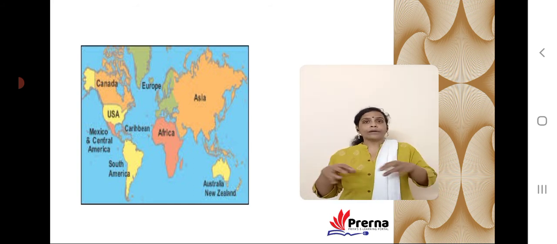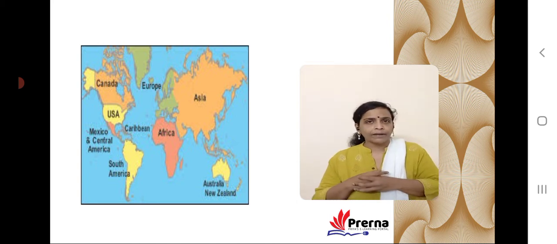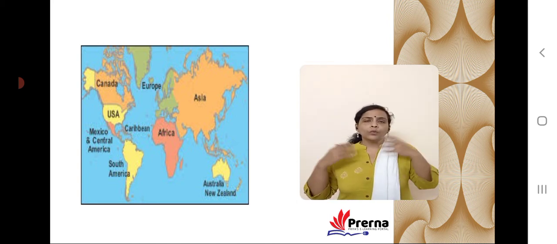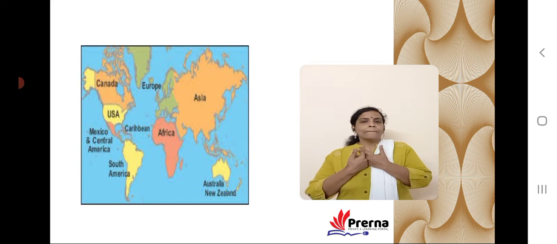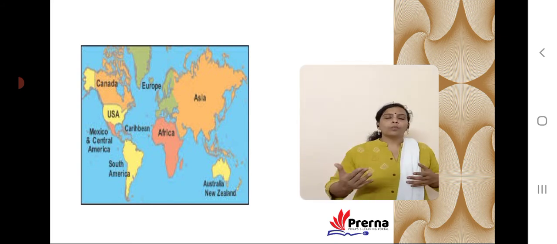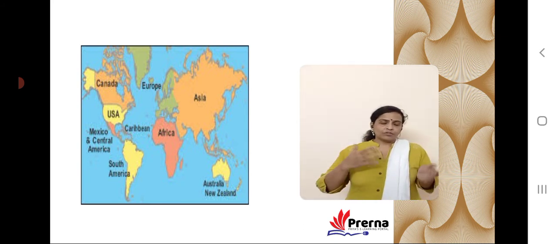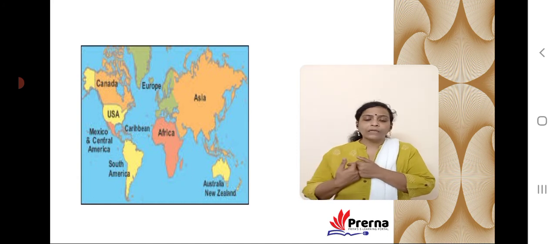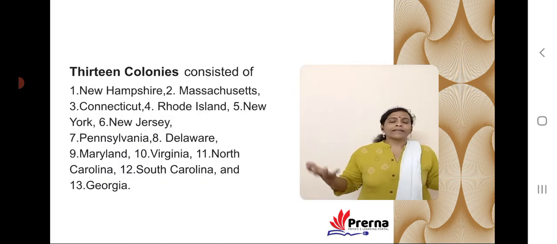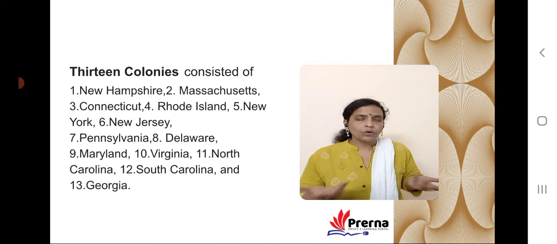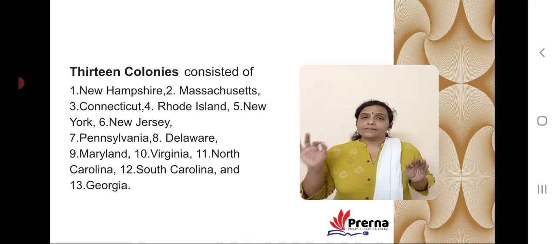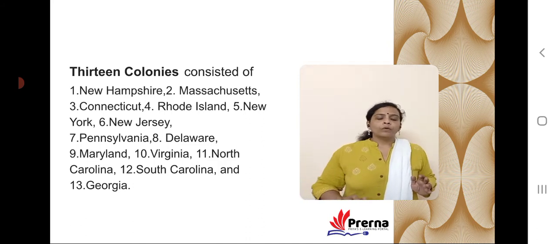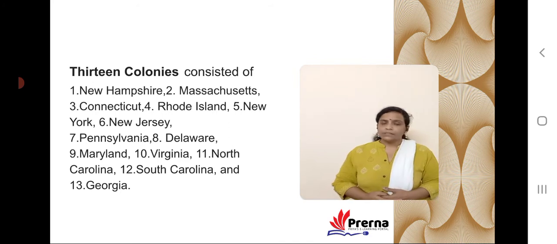This was exactly where the 13 British colonies were, and you could see how these 13 colonies came together, fought a war which went on for quite a good number of years, and how at the end of the war they drafted their own constitution, and how the United States of America was born. Okay, now let us see which the 13 colonies were.